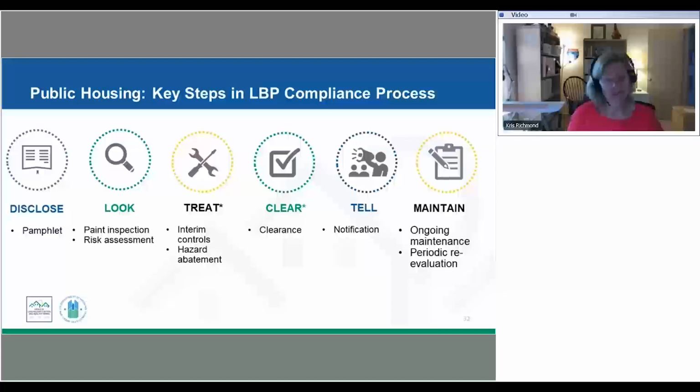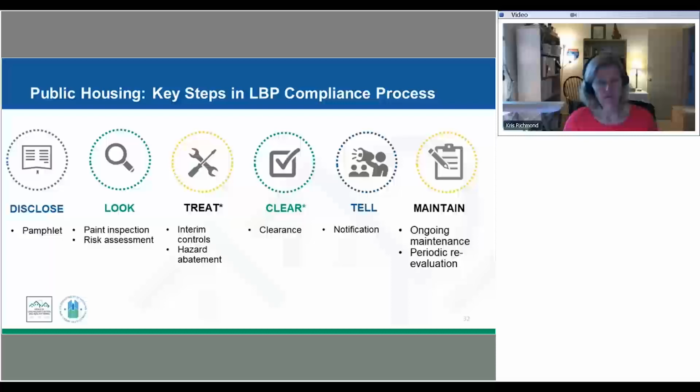And then the second step is looking. We use the term evaluation in the Lead Safe Housing Rule, and for Subpart L, for looking, we would be doing a paint inspection and a risk assessment. And then we're going to be treating. So once any hazards are identified, they need to be treated. For Subpart L, it would be using abatement.